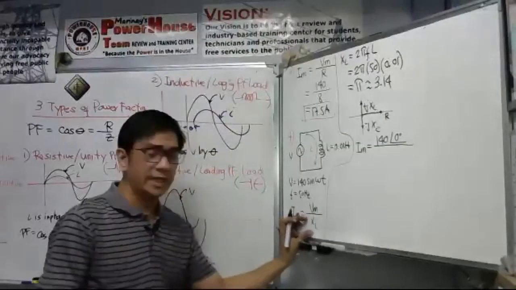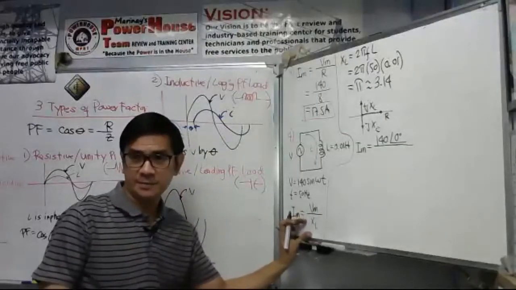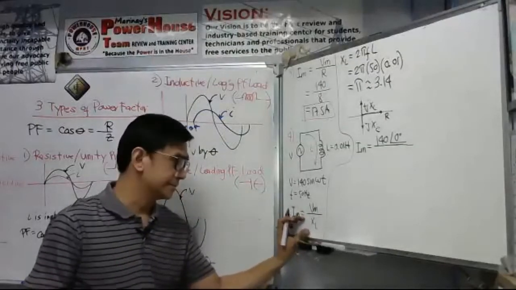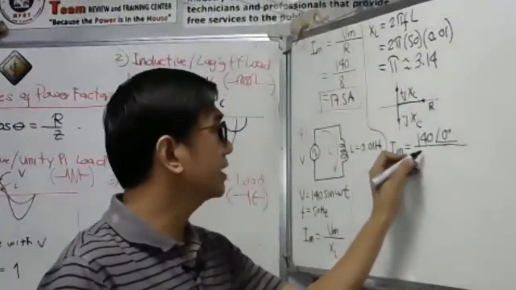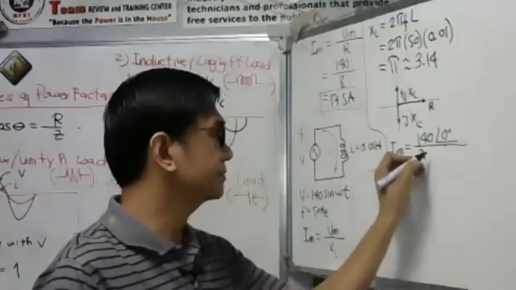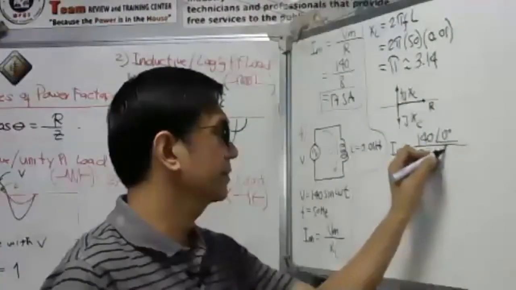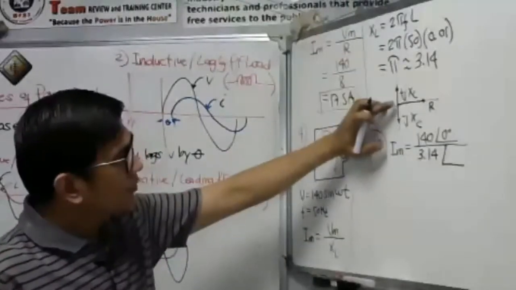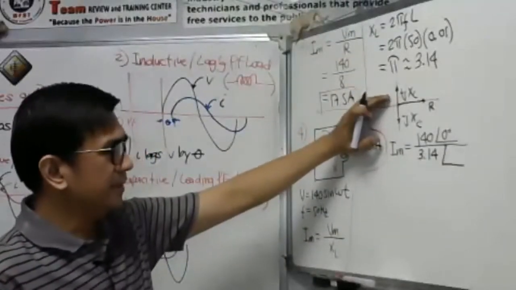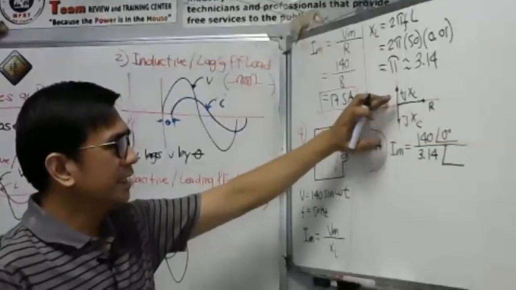What about our X sub L here? Our X sub L here is simply pi or 3.14. Take a look here.